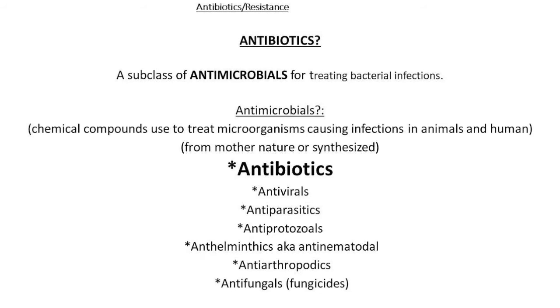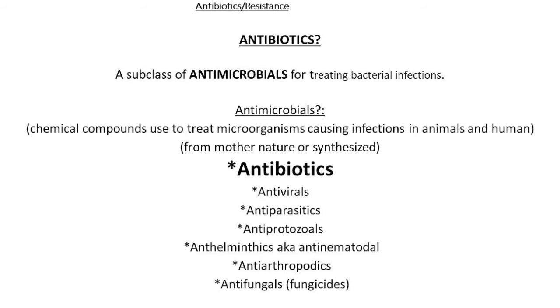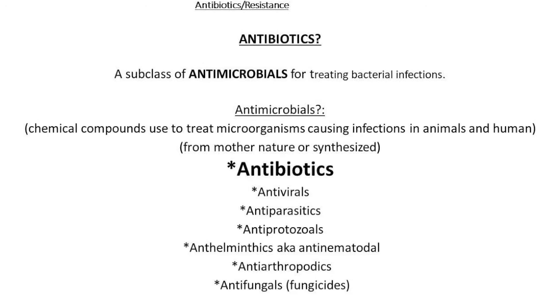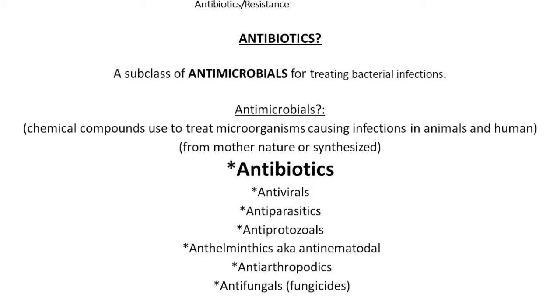I just want to quickly go over it with you, but we'll focus on antibiotics the rest of the talk. Antimicrobials are chemicals that are used to kill microorganisms that cause diseases in us. So that's antibiotics, the main topic for today.